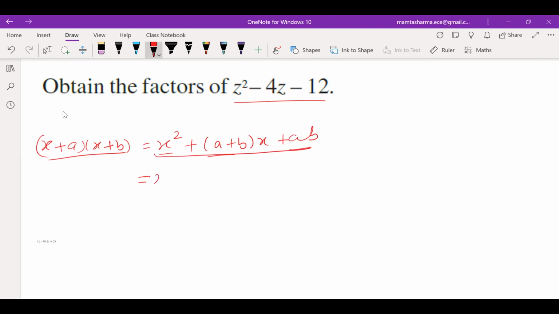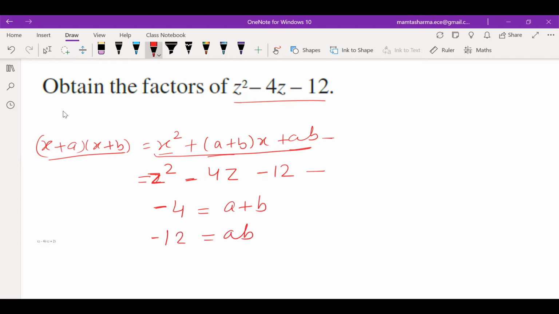Here x is z, so z square minus 4z minus 12. If we compare this equation with that one, you have to split minus 4 as a plus b and minus 12 as ab.